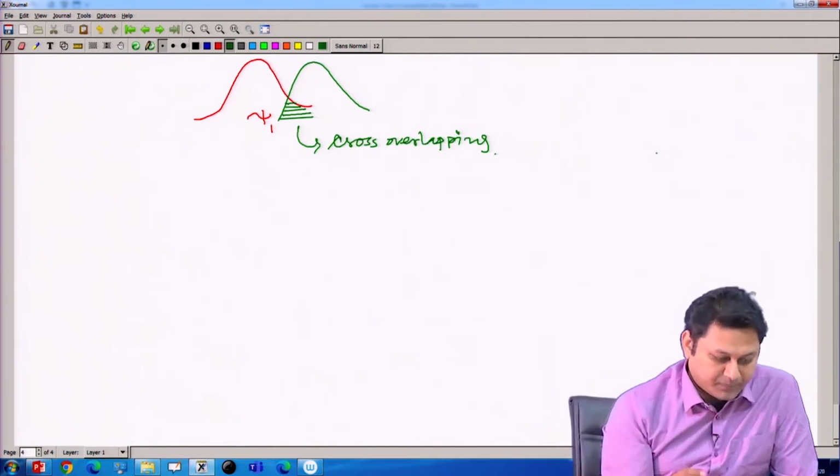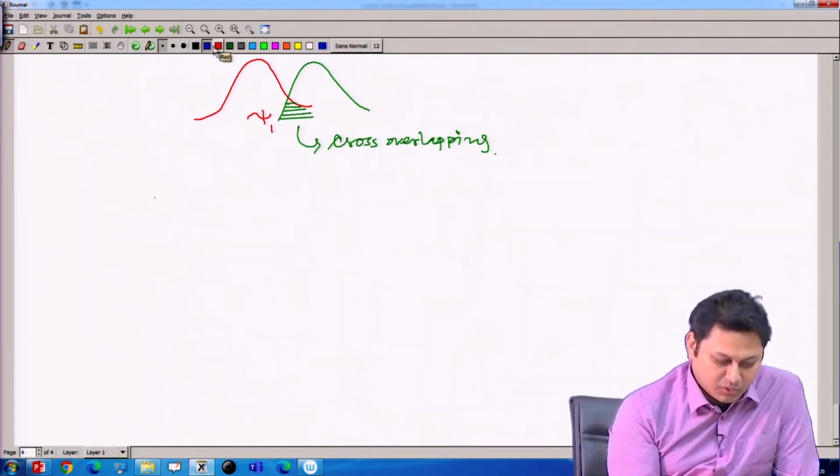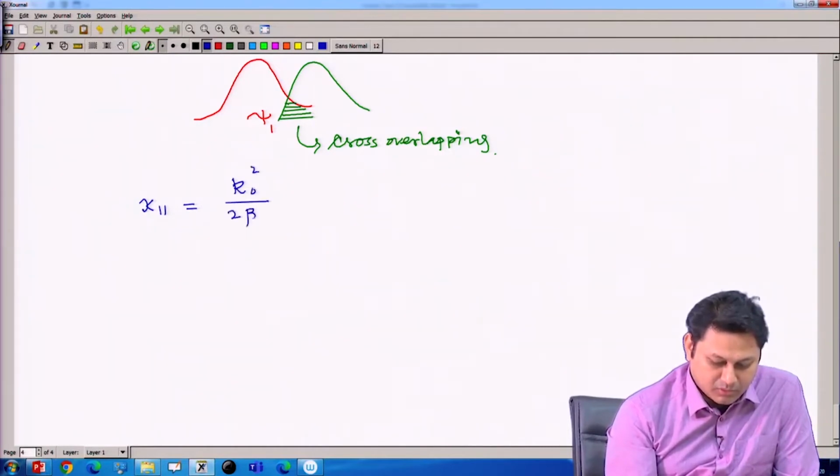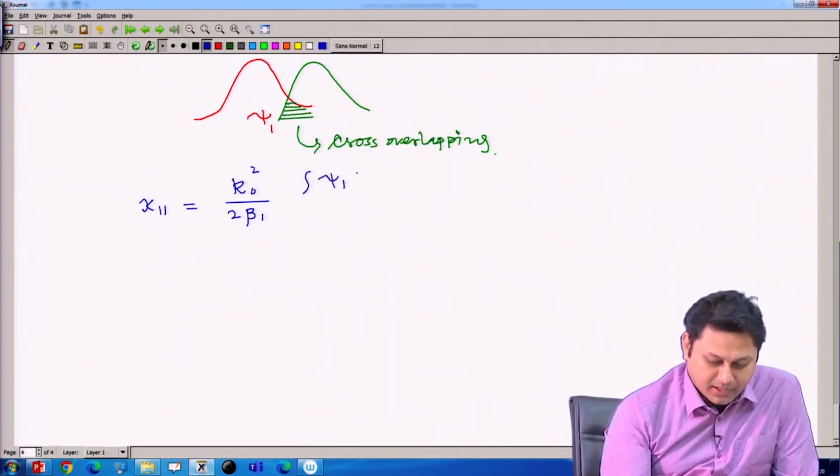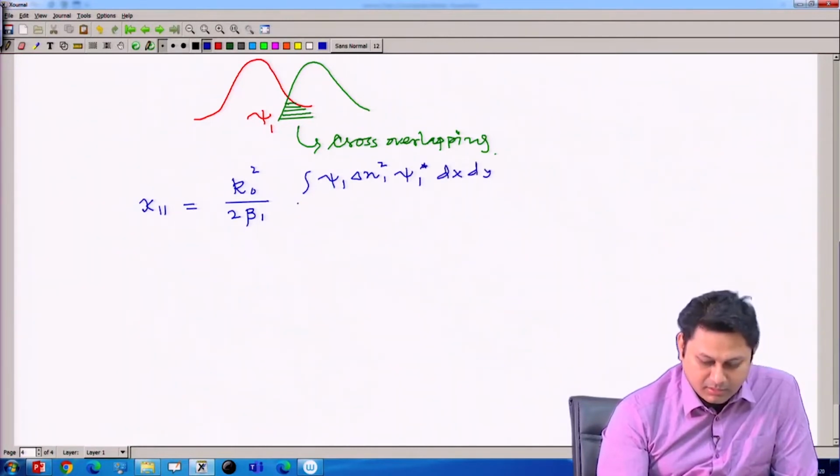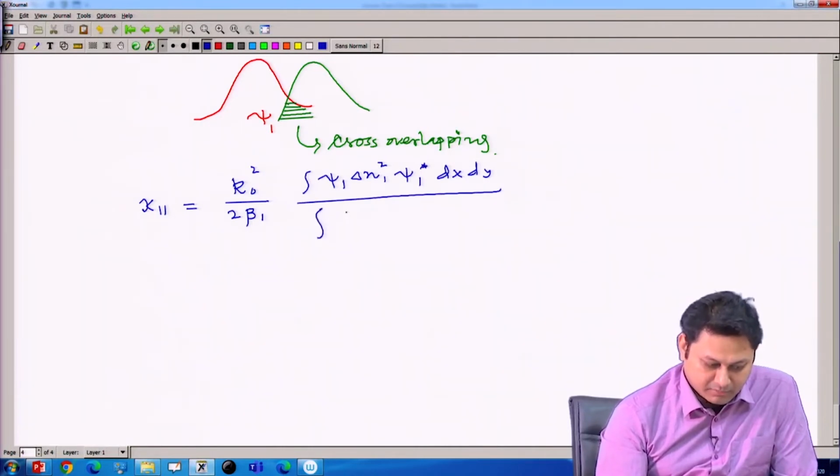If I do, and if I define something more, say kappa 1 1, I define this as k0 square divided by 2 beta 1, then integral psi 1 delta n square, because this term I already have in my equation, dx dy divided by this self overlapping term mod of psi 1 square dx dy.